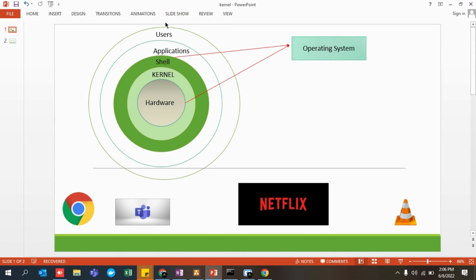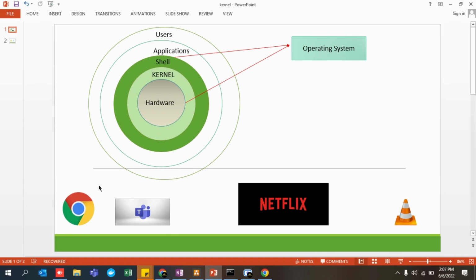So if I, as a user, want to interact with the hardware, I need to first interact with the operating system, and the operating system will help the user interact with all these applications, because all these applications, Chrome, Teams, Netflix, VLC, are installed over your operating system. If I want to run Google Chrome on my hardware, then the operating system will come into play.